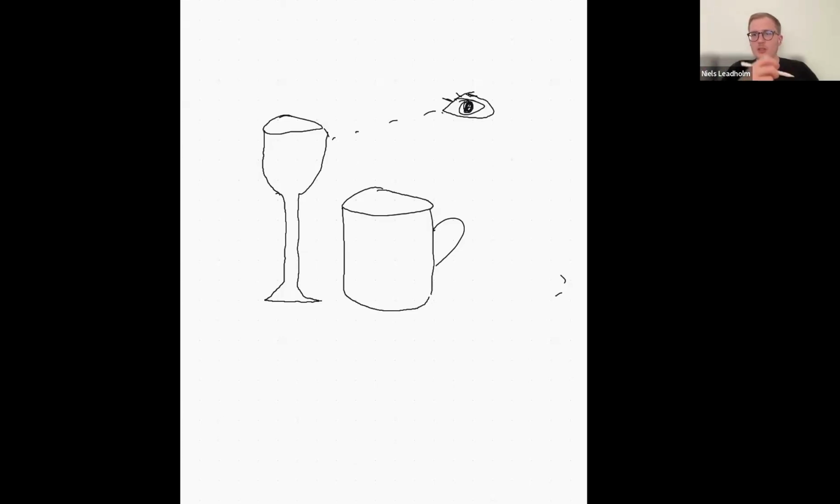So you would be sensing this wine glass and then moving along it. And then let's say you make a saccade to the mug, and this is in the straw world, but you sense, okay, the evidence I'm getting is now for a very different object. So I'm going to move back to where I was until I recognize that first object I was on.